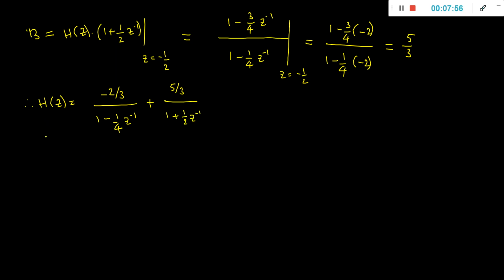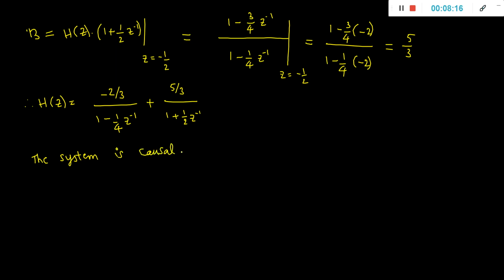Now for getting the value of h of n, I should take the inverse z transform of h of z. Now there is one important thing that you must observe here. It is given that the system is causal. This is a very important point you must always understand.